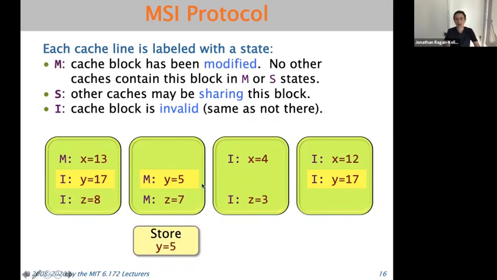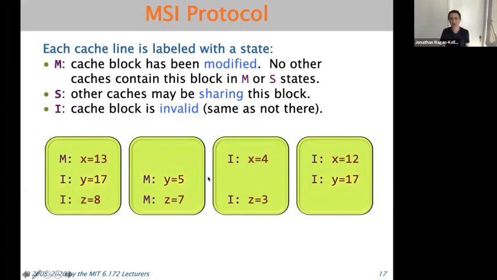But the observation behind this scheme and other schemes is that ideally, most of the time, a given variable or a given line in memory, over a short time period, is only being used by one core.